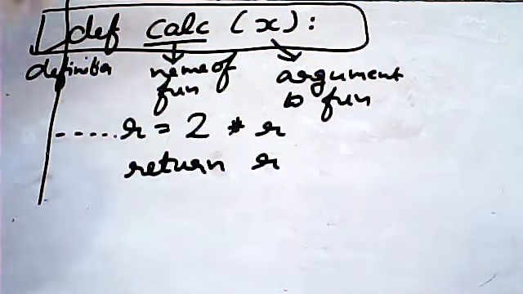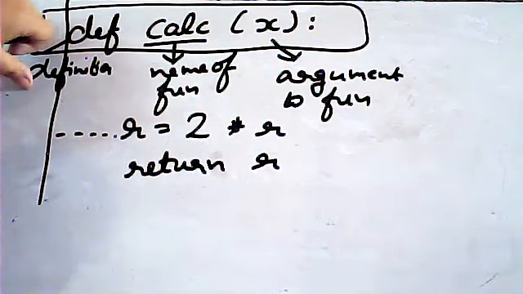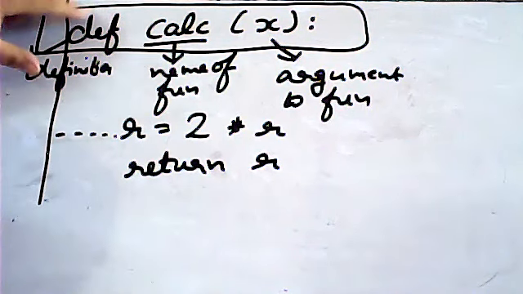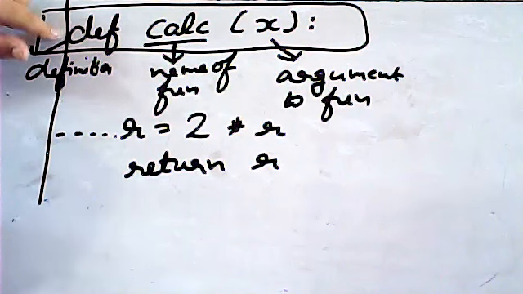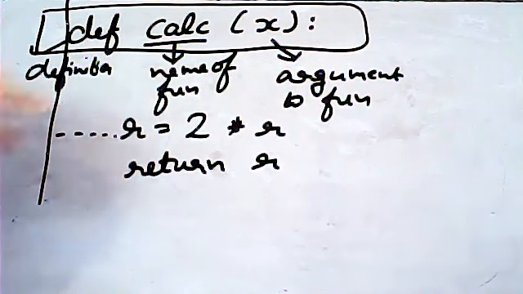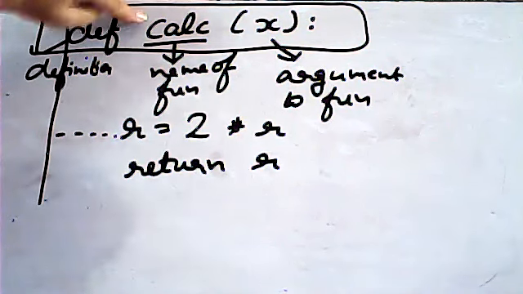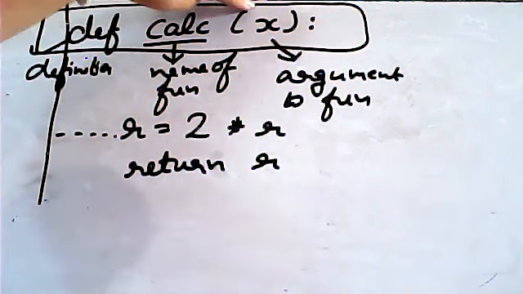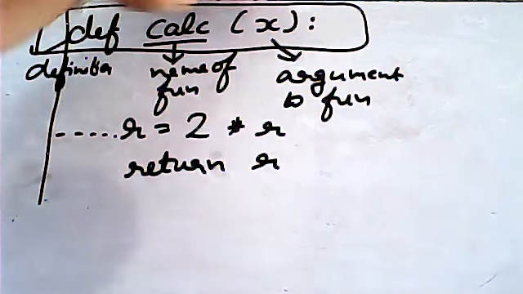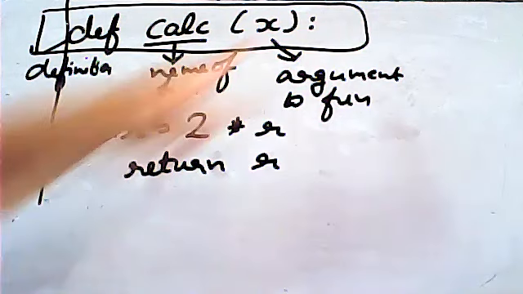Firstly, def is the definition, meaning that is the start of the function. This is the name of the function, and these are the arguments to the function which we want to give. And that colon, what does it signify?